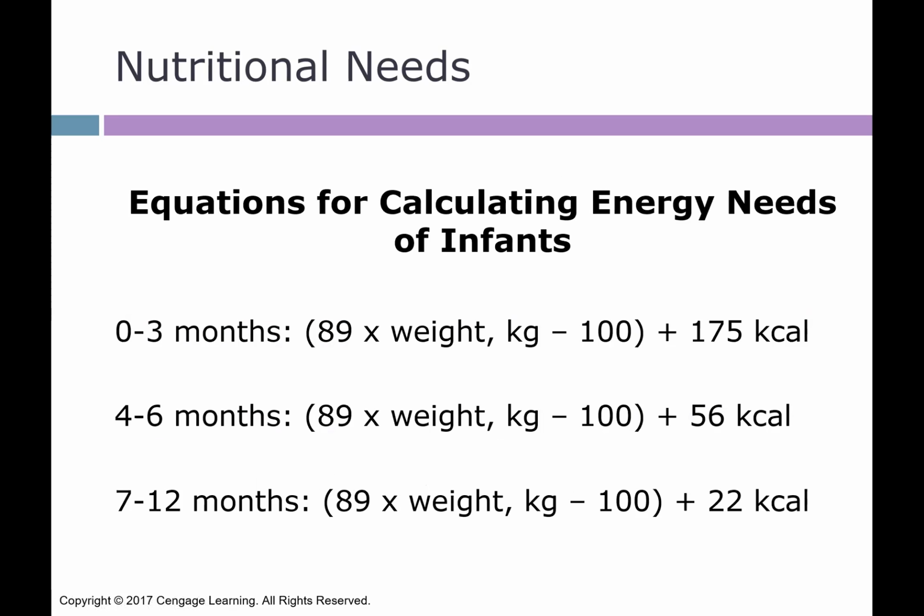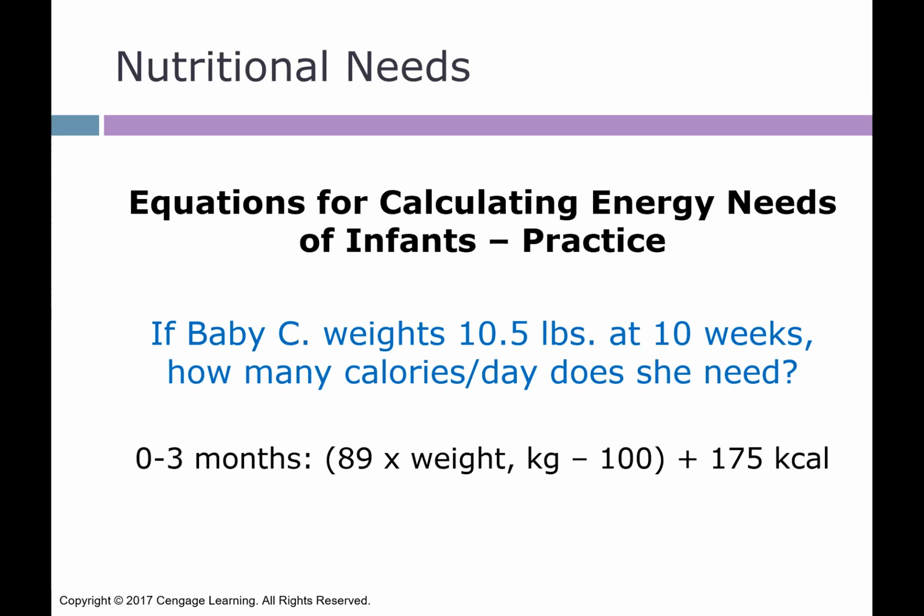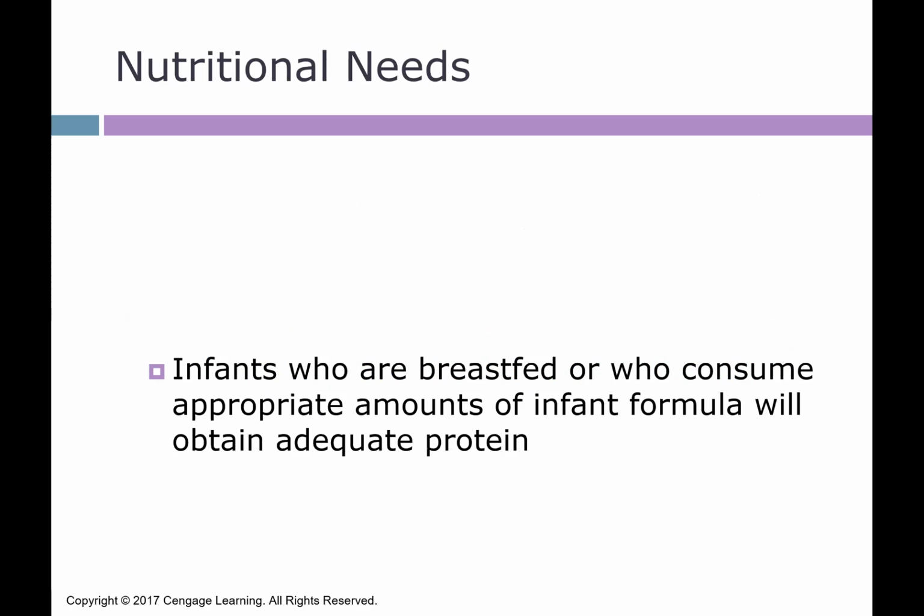There's also equations for calculating energy needs of infants. Also be familiar with these equations. We'll go over them in class. Here is a practice question. Please take the time on your own. We would have done this in class, to complete the equation yourself.